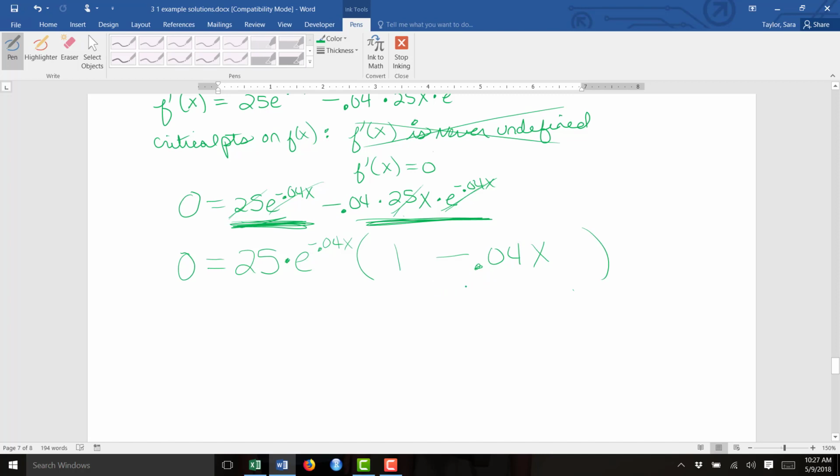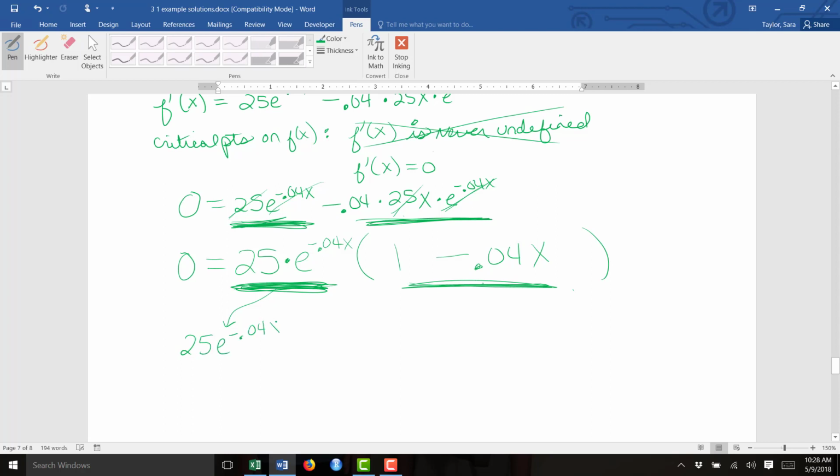Now we can go ahead and solve this using the zero product property. Remember, if you have one factor times another factor and it equals 0, that means either the first factor equals 0 or the second factor equals 0 or both equal 0. So to find the solutions to the equation, we can just set each factor to 0 and solve.